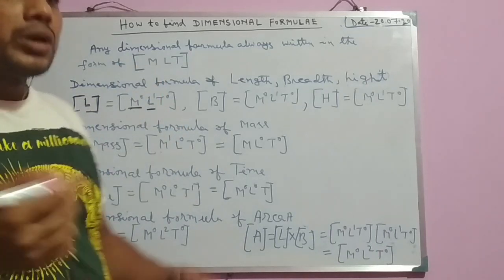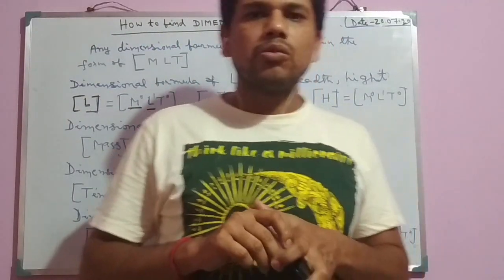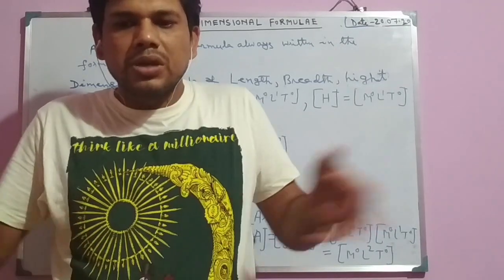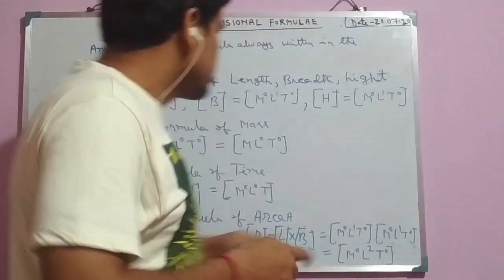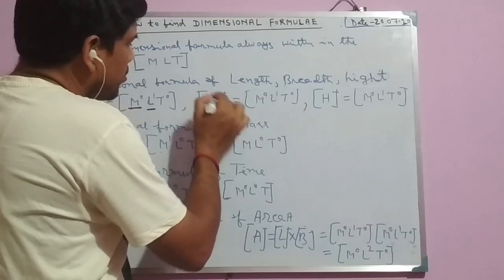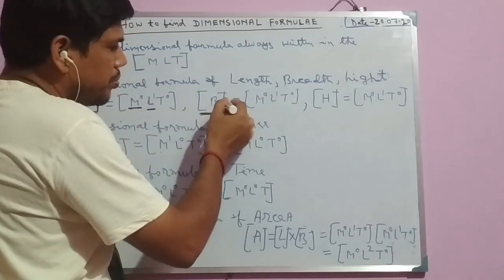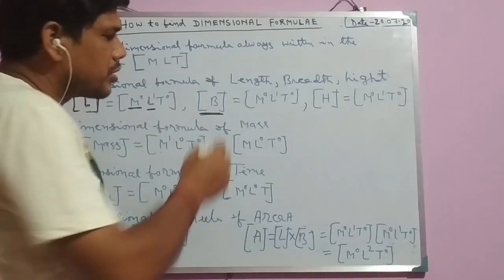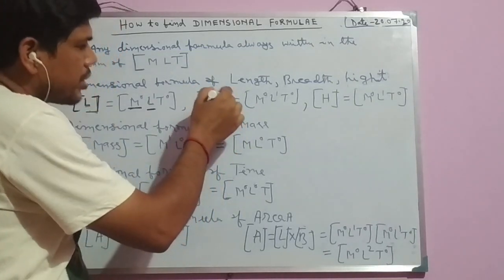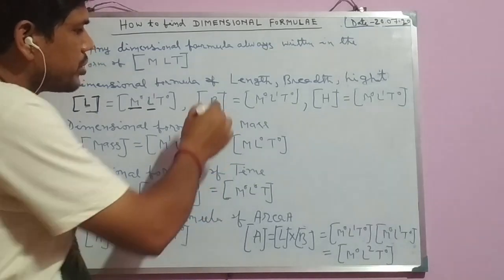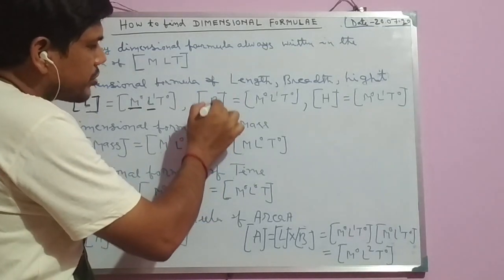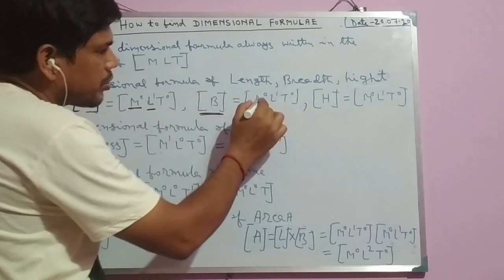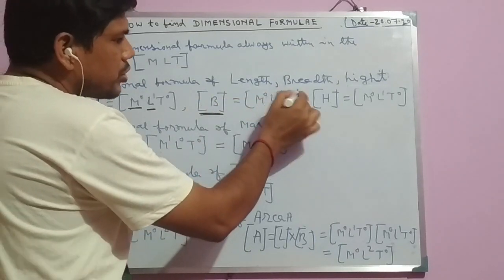Now if you want to find the dimensional formula of breadth, it is basically one type of length, which we can measure. Similarly, breadth is denoted by capital B, so we write B within third bracket. So it reads as dimensional formula of breadth is equal to, within third bracket, M to the power 0, L to the power 1, T to the power 0.